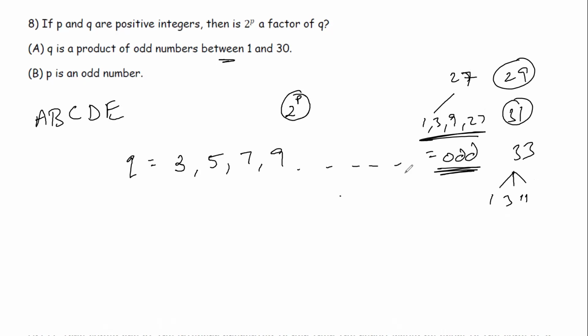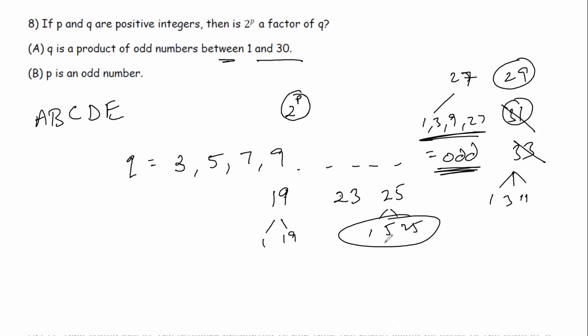Obviously we can't take 31 and 33 because it says between 1 and 30. So we take 19: 1 and 19. No even number. We take 23, a prime number again. We'll take 25: 1, 5, and 25. No even factor. An even factor, 2 to the power something, will be an even number. So the answer is no, a definite no.